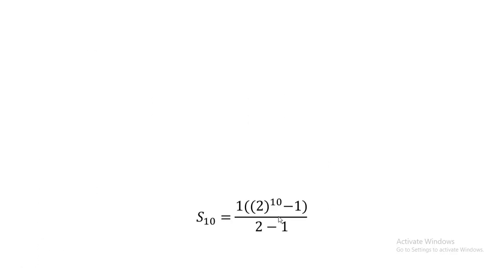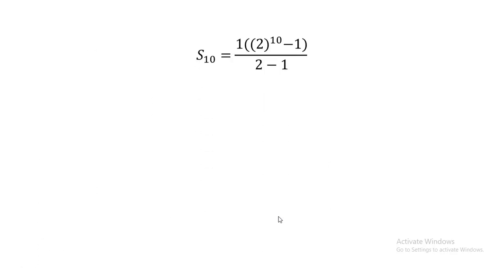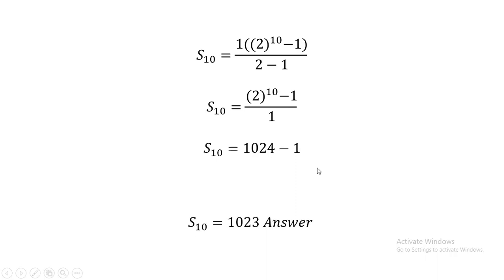Now I have substituted all the values into my formula, and I have solved it a bit. It gives me 2, see 1 multiplied by anything is 1, so 2 power 10 minus 1 whole divided by 1, as 2 minus 1 is 1. 2 power 10 is 1024, that is 1024 minus 1.